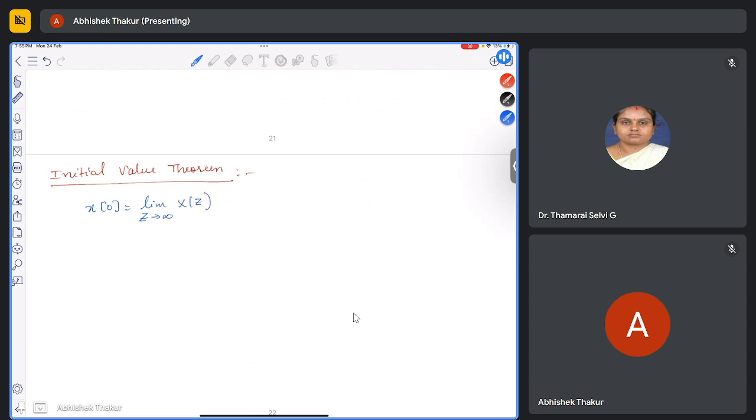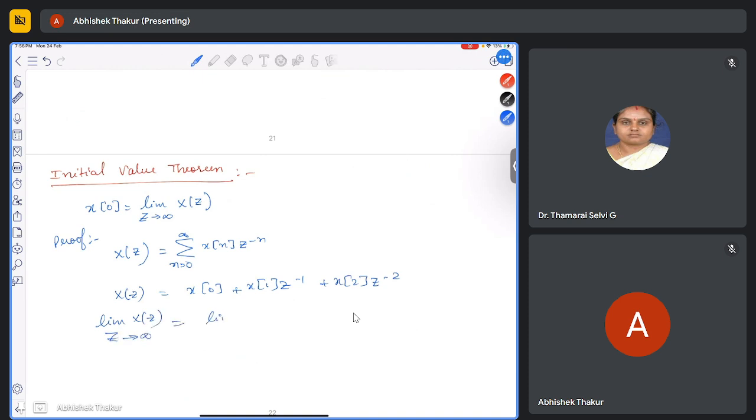We can also do the proof: x of z is given as summation x of n z to the power of minus n. This can be written as x of 0 plus x of 1 z inverse plus x of 2 z to the power of minus 2 and so on. Now let's take the limit of x of z as z tends to infinity.